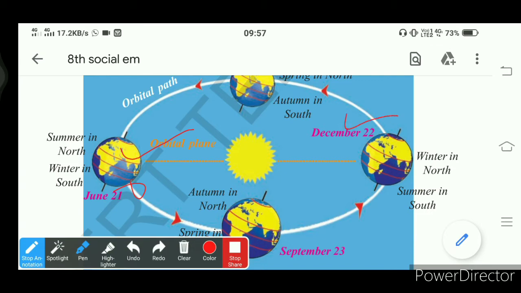When it comes to December 22nd, it becomes reverse, right? Just see this line, dear students. What do you see on this line?